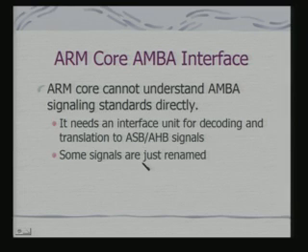Some signals may just be renamed when they map directly. This is what is important when I am using an IP core. If I choose to design an IP core compatible with the bus, I need to also define the interface unit which will make the core compatible with the bus.